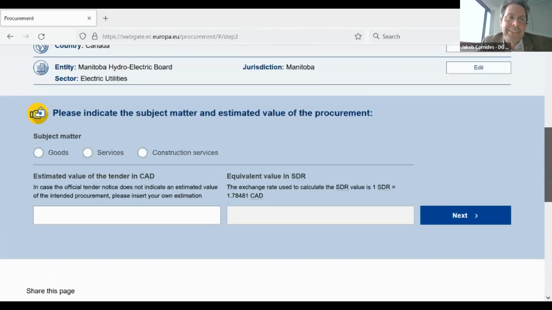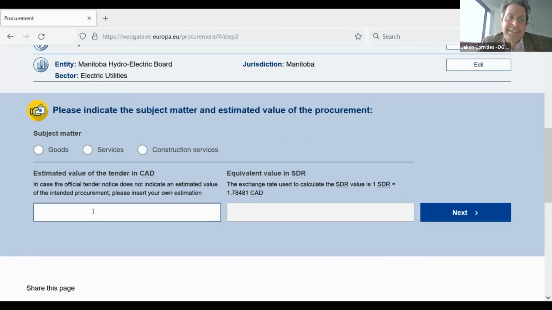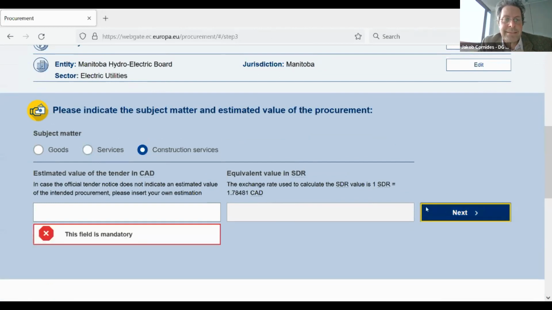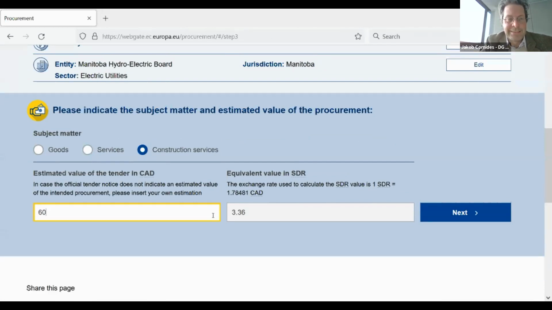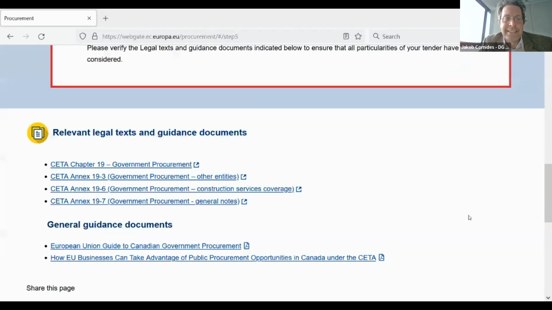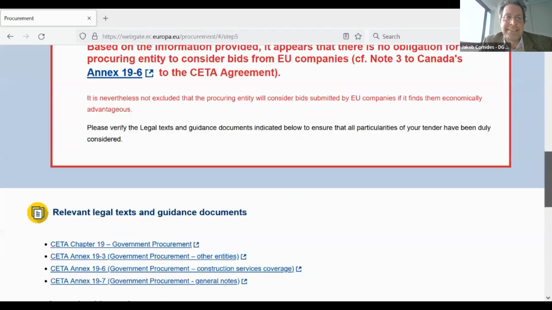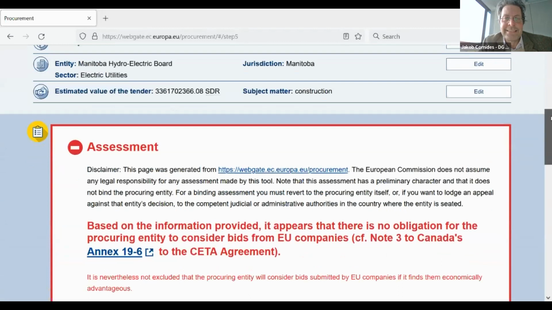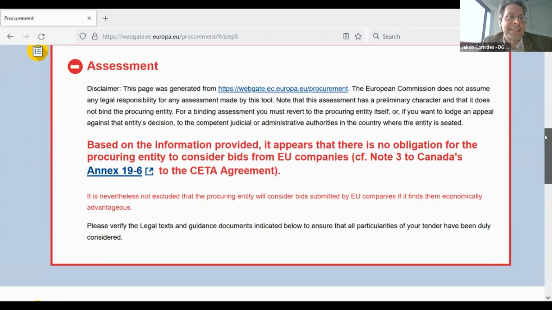Next question, what are these guys buying? There is a very basic selection, either goods or services or construction services. Often this alone already suffices, but I also have to indicate the value. So let's say what they are asking for has this value, and I click on this information, and already I get an assessment, in this case a negative one.